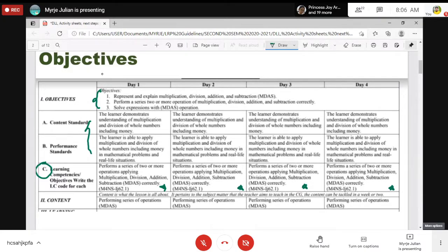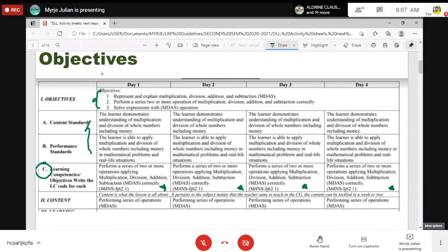Ma'am, somehow connected po siya pero dapat more on skills. Yes, they are somehow connected. Align siya. Um, skills, what do you mean by more skills? More skills dito sa objectives niya?